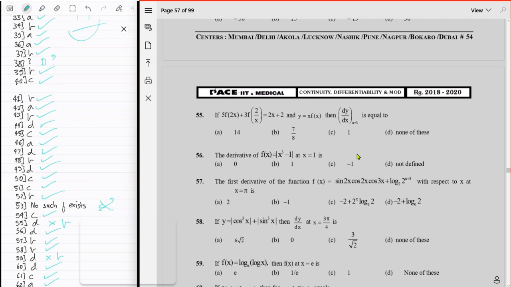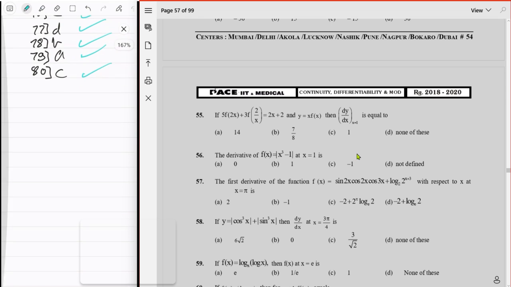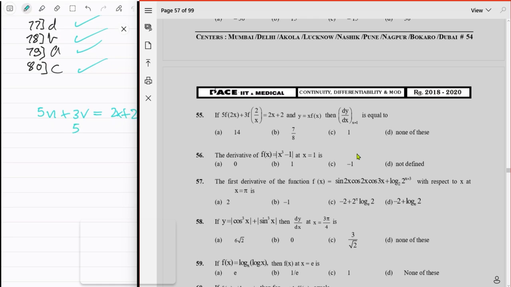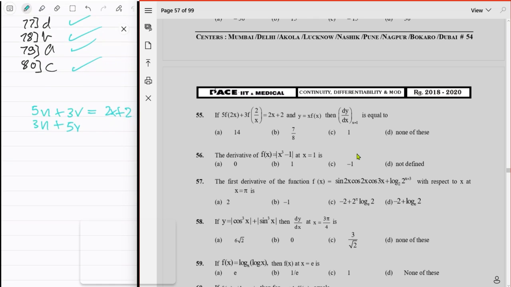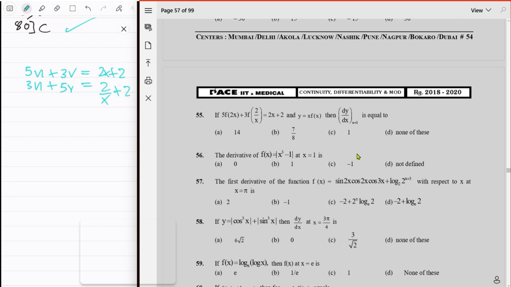Okay, let's just do it once again. So you have 5u plus 3v is equal to 2x plus 2. Then you have 5v and 3u, that's equal to 2 upon x plus 2. So first you just add, and you will get 8 times u plus v.